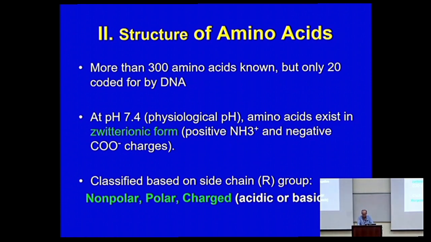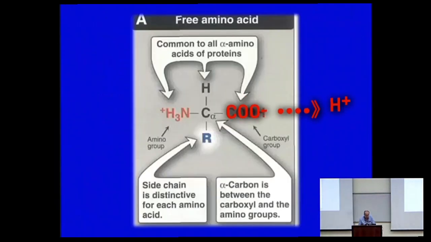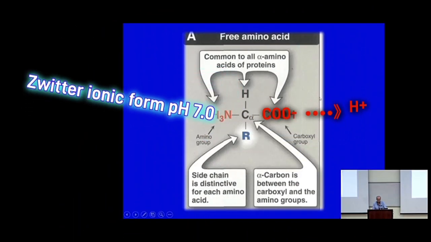And because of that, I'm going to do a quick thing here. If you take this here under physiological pH, this H will dissociate to give you a proton, and what's left there is COO minus.